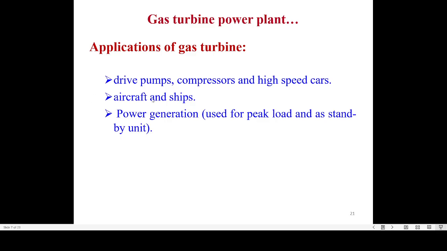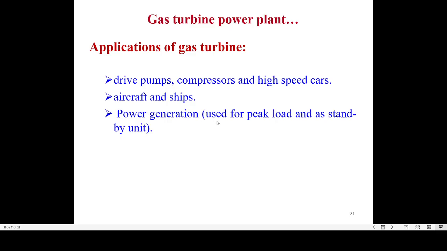The major areas where gas turbines find their popular place are the propulsion of aircraft engines as well as the propulsion of ship engines. Not only these two areas, gas turbines can also be used for the generation of electricity, that is, for power generation.